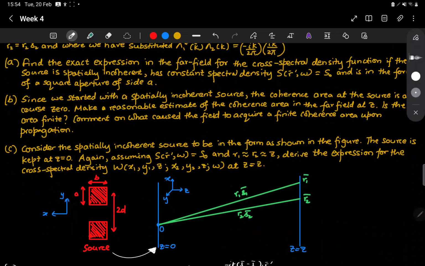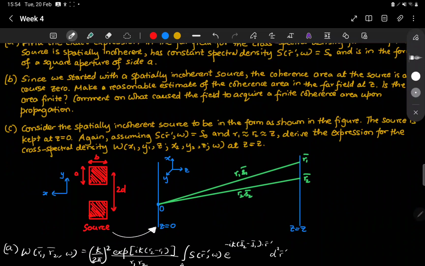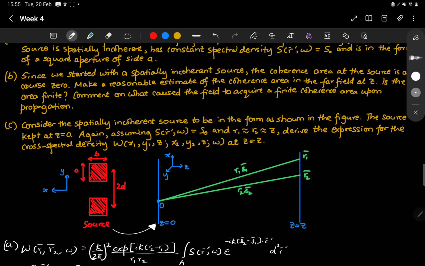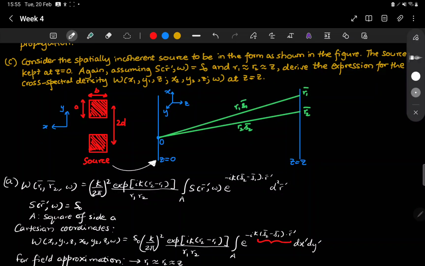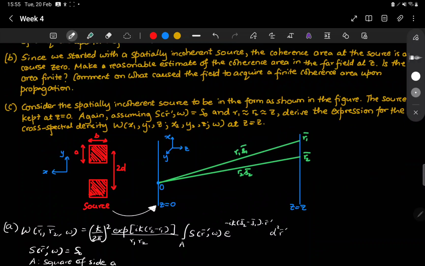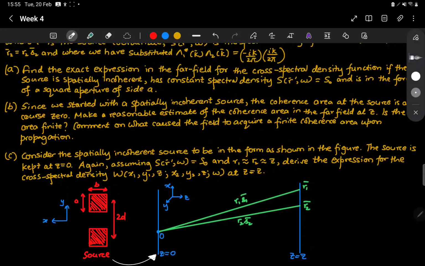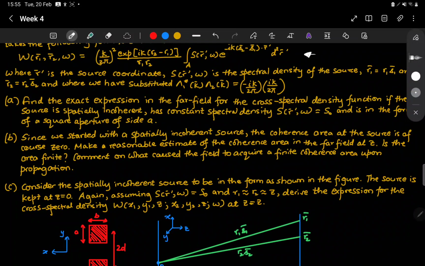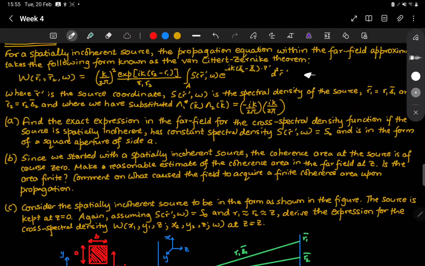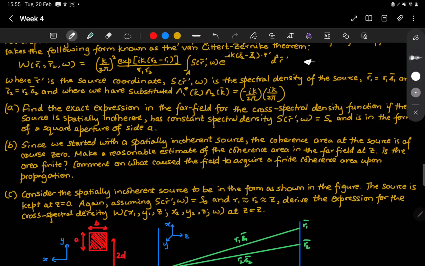These were the topics that we mainly focused on today. And the interesting thing that we saw is that even if we start with a spatially incoherent source, upon propagation it gains a finite coherence area. And this is a direct consequence of the Van Cittert-Zernike theorem.